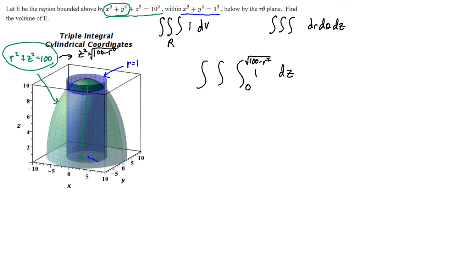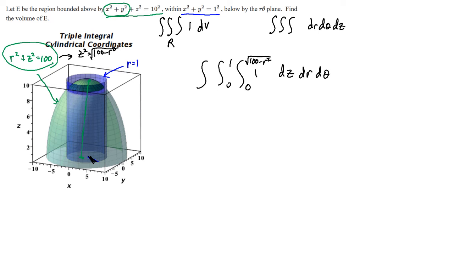And so now we need to integrate with respect to either the r, which I already have a representative one here, or the theta. It's not going to matter either way, because if we use the r's, then r is going to go from 0 to 1, a constant.